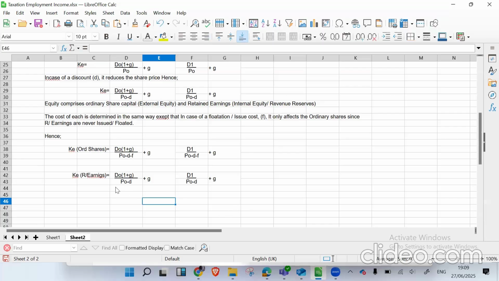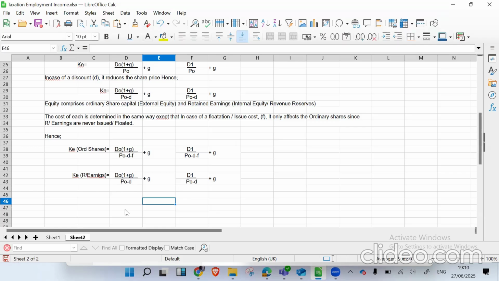I believe at that point, we should be in a position to know what DO stands for. The most current dividends, historical dividends. D1 is next year, the expected dividends. G is the dividend growth rate.